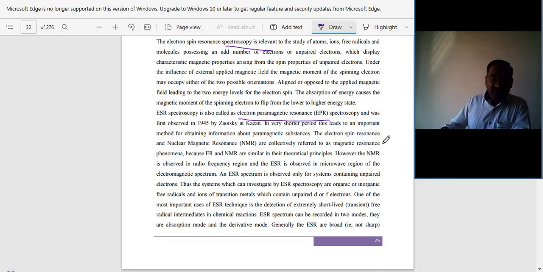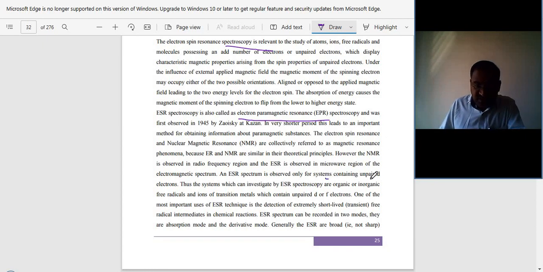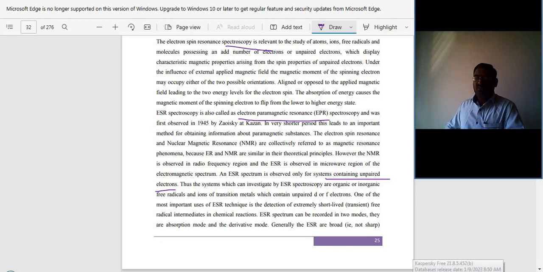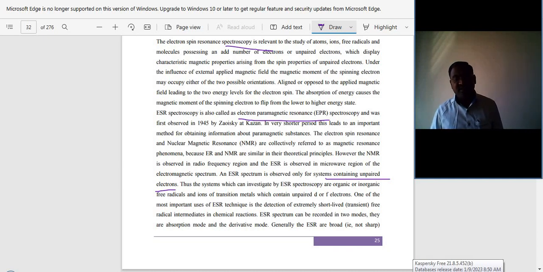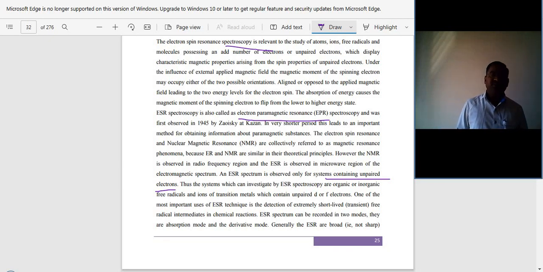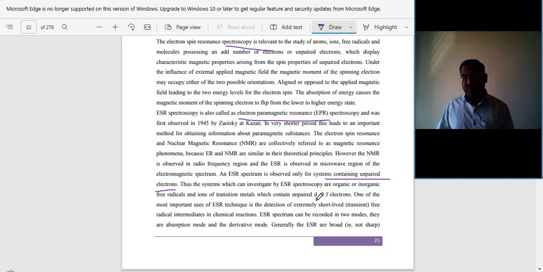The ESR spectrum is observed only for systems containing unpaired electrons. Thus, the systems which can be investigated by ESR spectroscopy are organic or inorganic free radicals and ions of transition metals which contain unpaired d or f electrons.